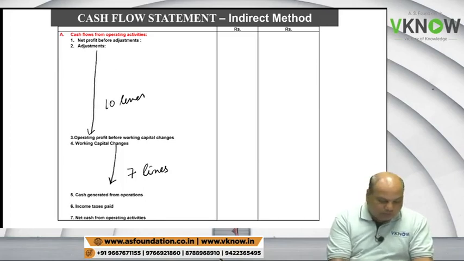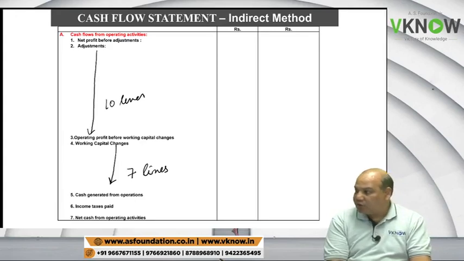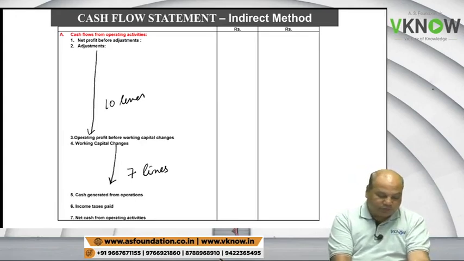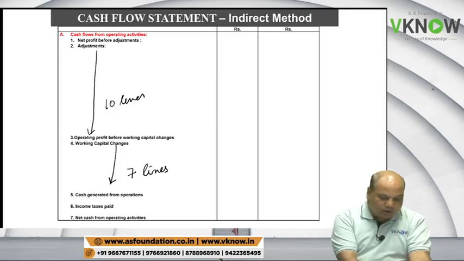Cash generated from operation. Point number six, income tax paid.